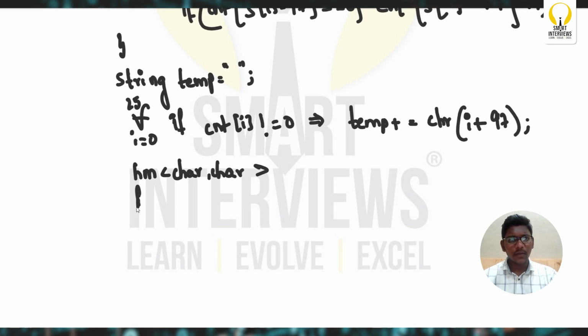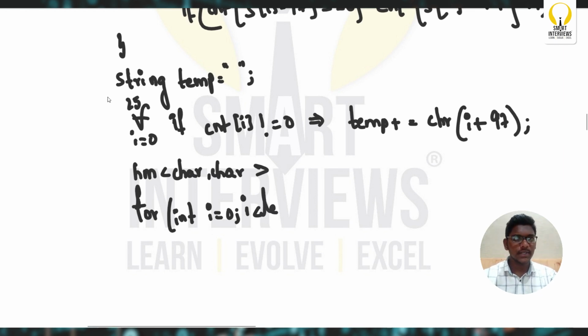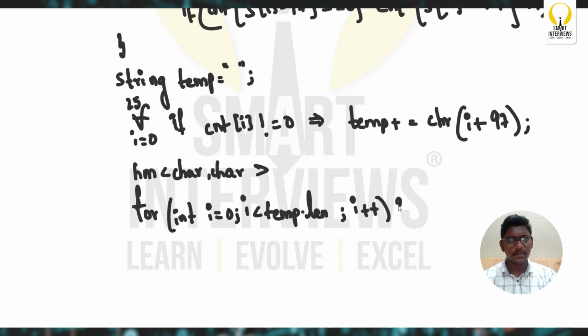Now simply for int i equal to 0, i less than length of temp, as we are using temp dot length, i plus plus, and now you'll simply map it in this way.